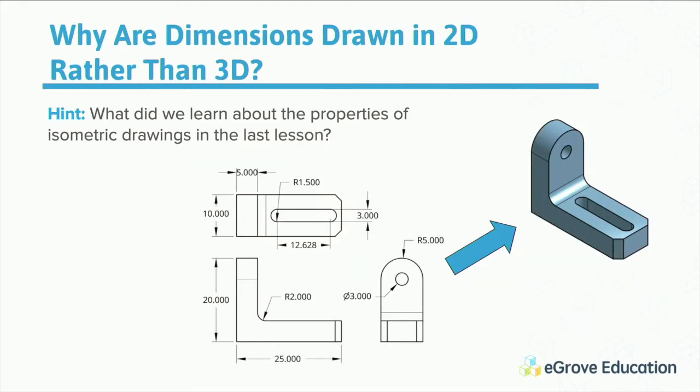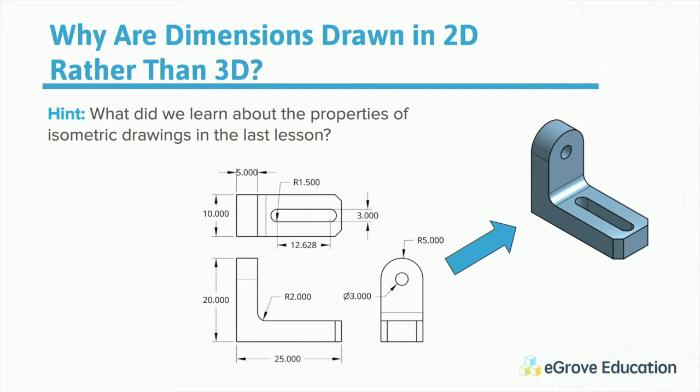Now, why are dimensions drawn in our 2D view instead of on the 3D view? The hint is, what did we learn about properties of isometric drawings in the last lesson? If you recall, in the last lesson, in the isometric, we asked if the diagonals were true to scale in the isometric view.